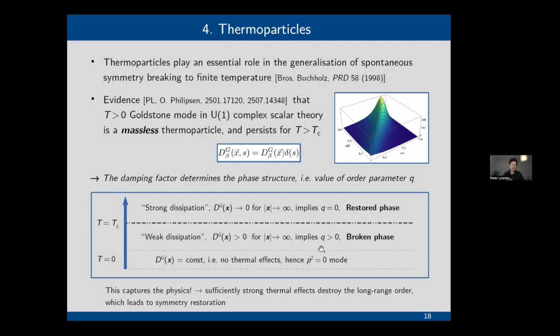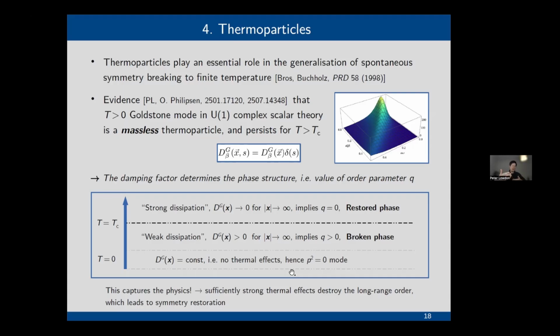But essentially what this tells you is that the order parameter is switched on and off by the damping that the thermoparticle Goldstone mode experiences. So this damping is a constant in vacuum. That means you have an exactly massless mode, and then you have this non-trivial difference.